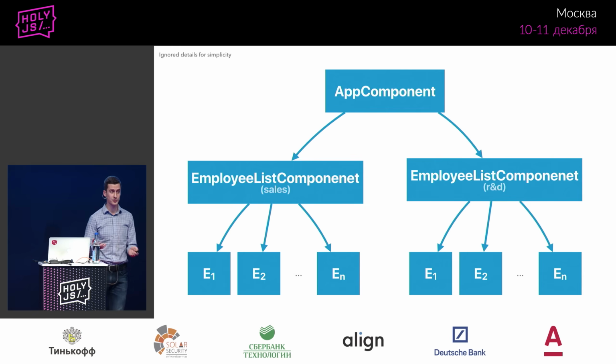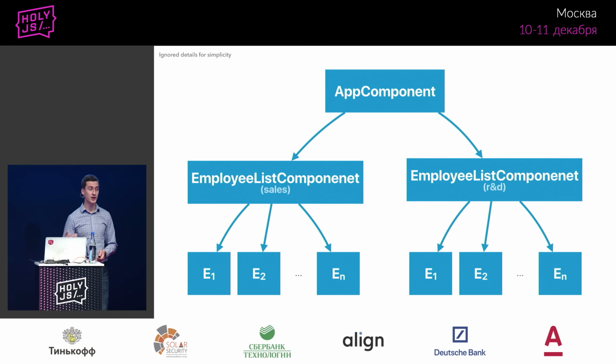Here is how this looks in terms of component tree change detection triggers. Every time we press a button, we're going to invoke multiple times the change detection in the app component, in the employee list component, and all of the individual child components of the employee list component itself. However, this time, at least we're going to skip the employee list component for the R&D department.